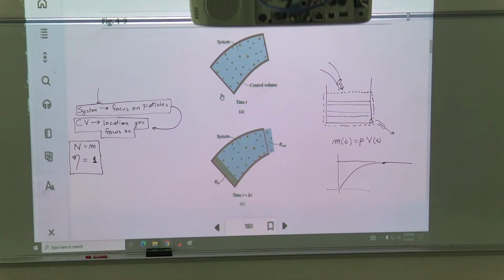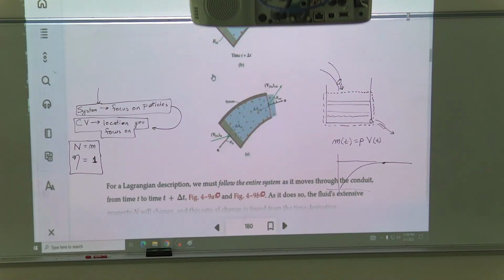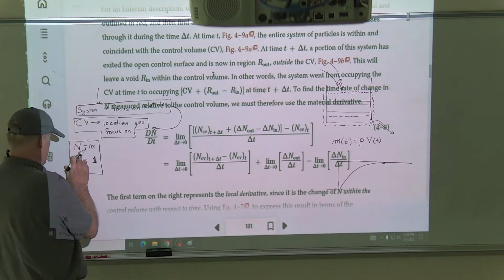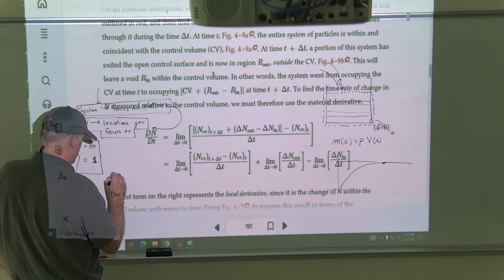So, the equations, what do they look like? He goes through and ends up with them, and I'll write the equations down using his terminology, and it's basically something like this.